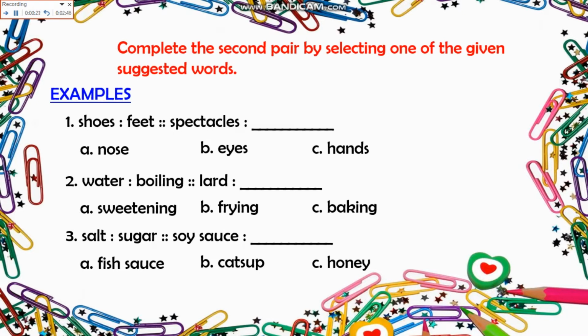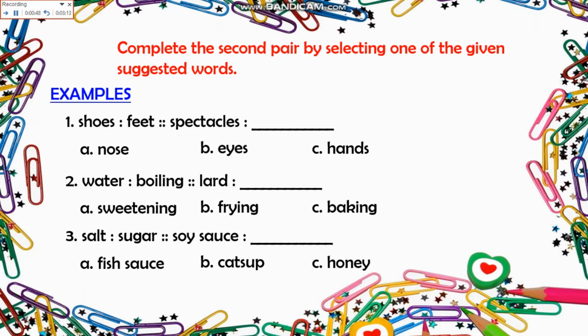For example, number 1, shoes is to feet as spectacles is to A, nose, B, eyes, C, hands. Have you figured it out? So, shoes are worn on the feet and spectacles or eyeglasses are worn or used for the eyes.